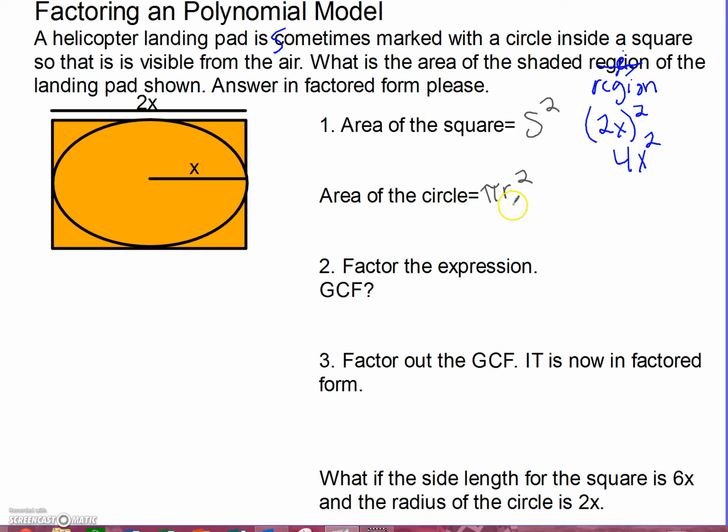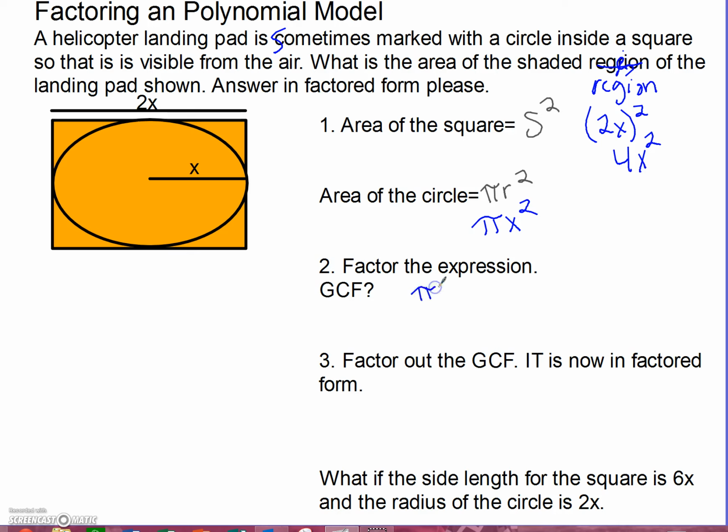Okay, what is my area of the circle? Okay, well, the formula is pi r squared, my radius is x, so just fill it in, pi x squared.